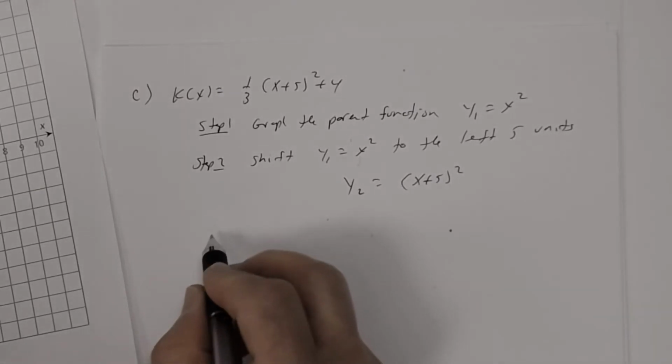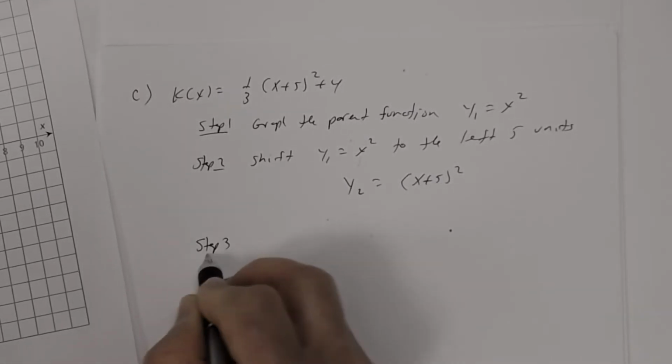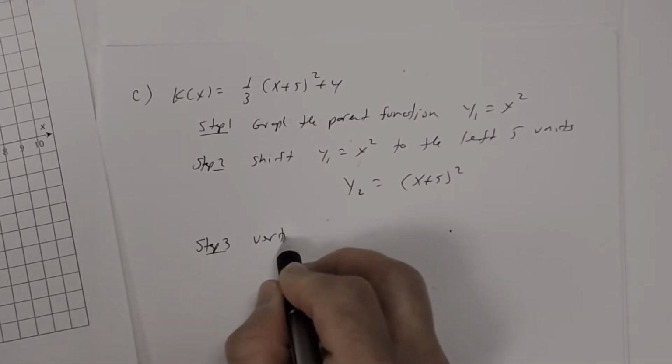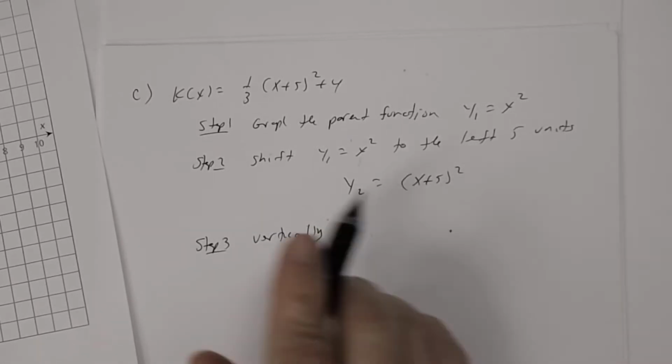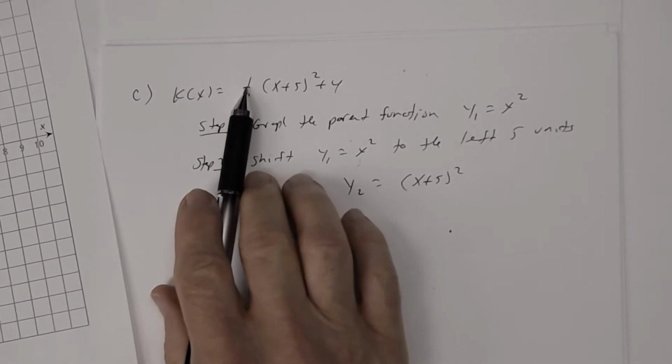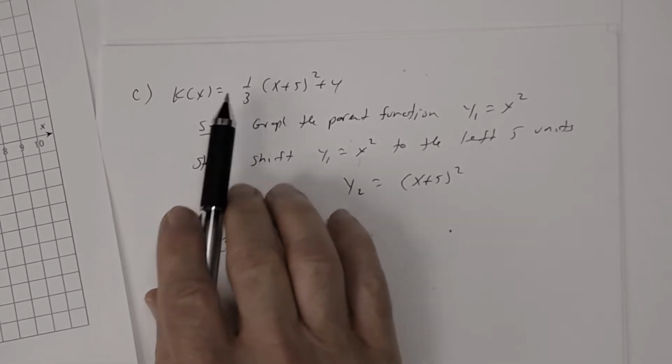So, step 3. You're going to vertically shrink. Now make sure you use the correct word. Don't say stretch, because if the absolute value is bigger than 1, then it's a stretch. This is less than 1, so it's a shrink.